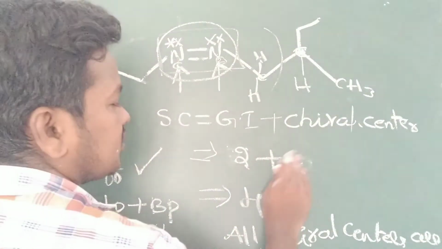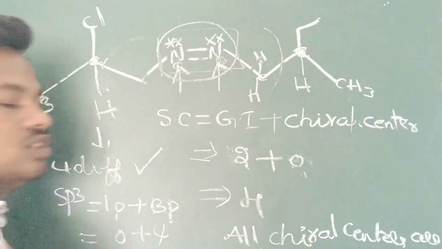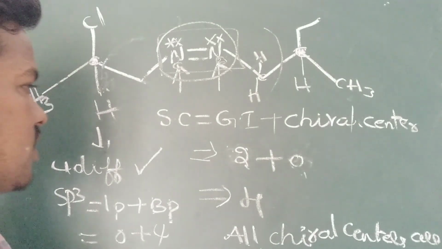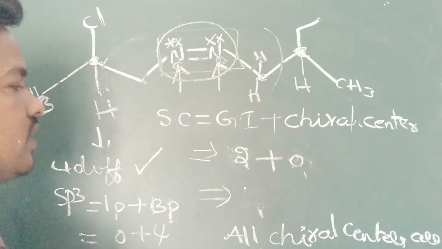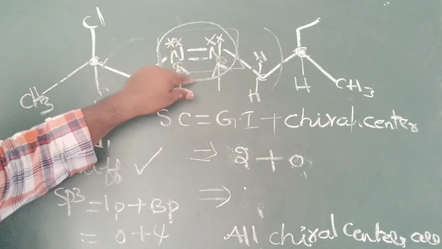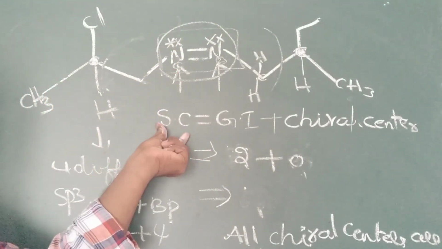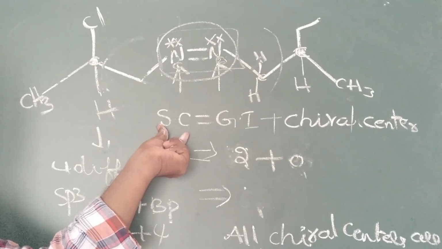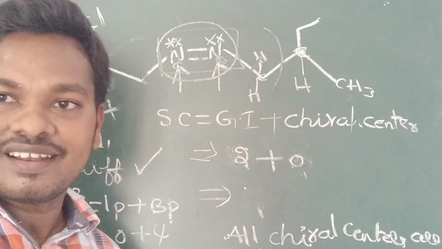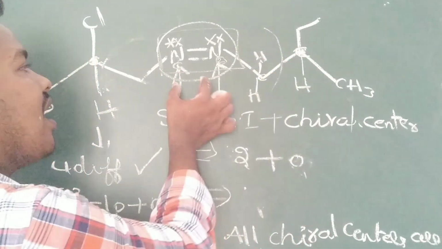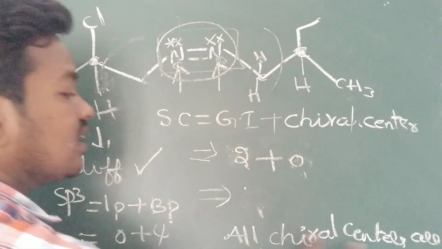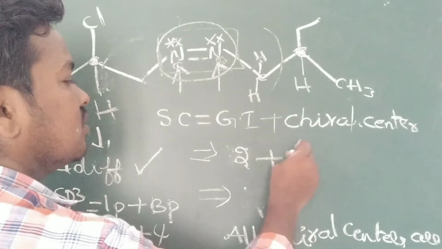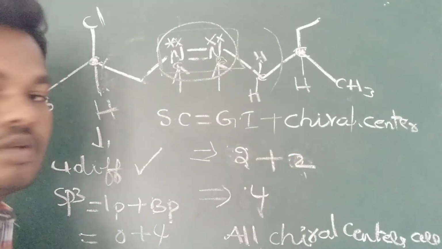For our convenience, we are taking it as 2 plus 0. In this molecule there is no chiral center. It is exhibiting the stereo center, but it is not exhibiting chirality. Understand now? All stereo centers are not chiral, but all chiral centers are stereoisomers. This you have to understand.